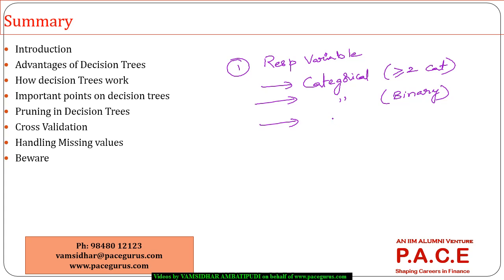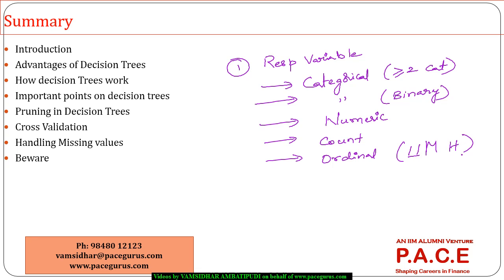I could also look at numerical. The response variable could be a complete numeric variable, or in some cases a count variable, or an ordinal variable like low, medium, high, or a time-to-event kind of variable.